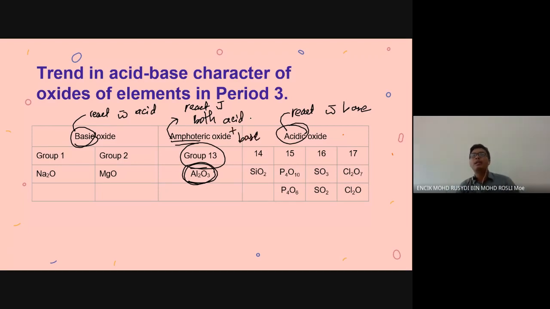Dia boleh react dengan acid, dia juga boleh react dengan base. Okay, so dia bersifat acidic and basic. Dia boleh bersifat dua-dua tersebut. So that's why we call it as amphoteric.